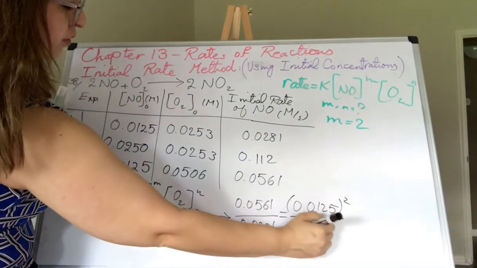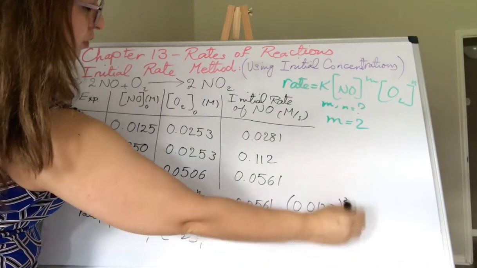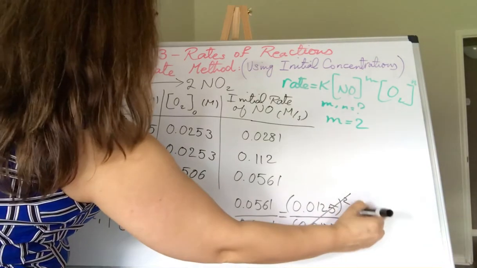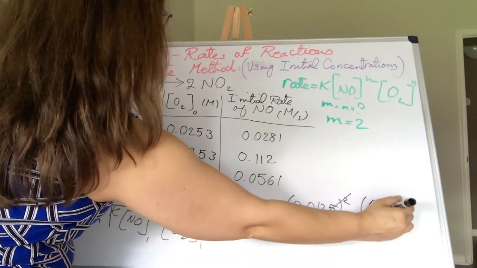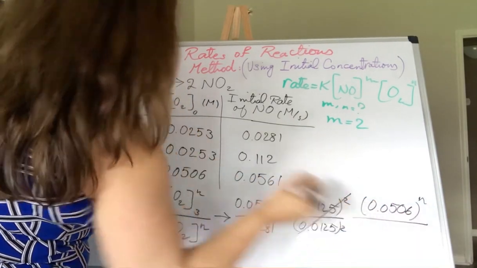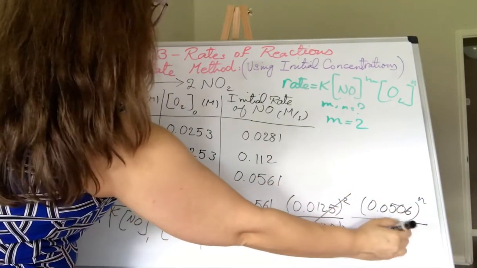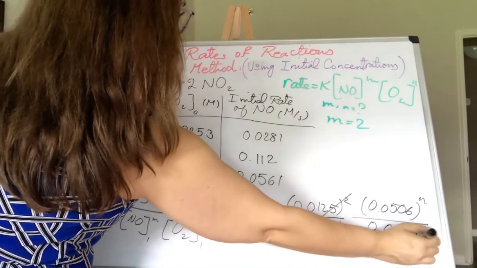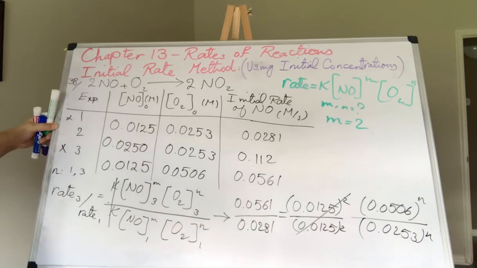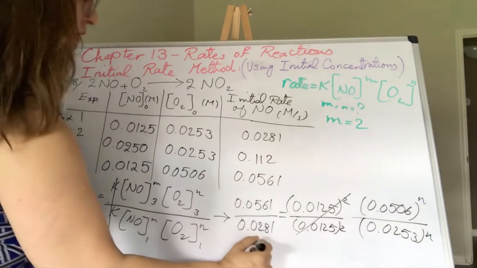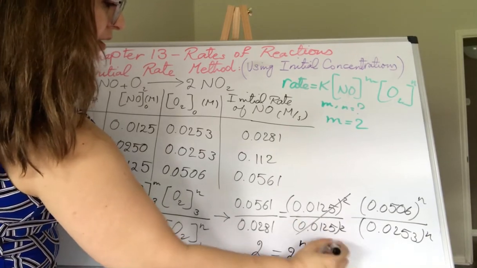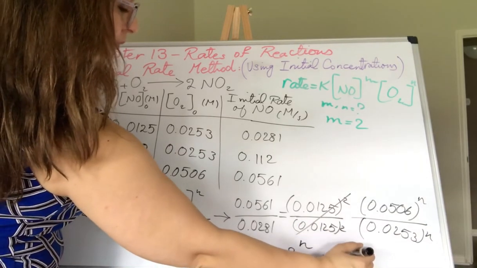And 0.0125, so we can cancel this 2. For oxygen, 0.0506 to the power of N divided by 0.0253 to the power of N. Now if you calculate, the left side is going to be 2 and it's going to be 2 to the power of N. What is N if we want to have 2?